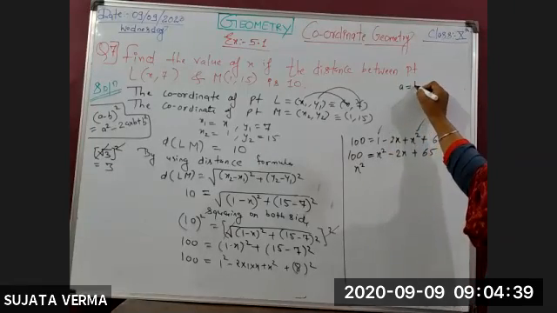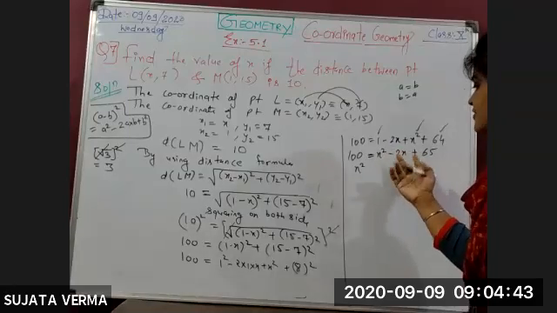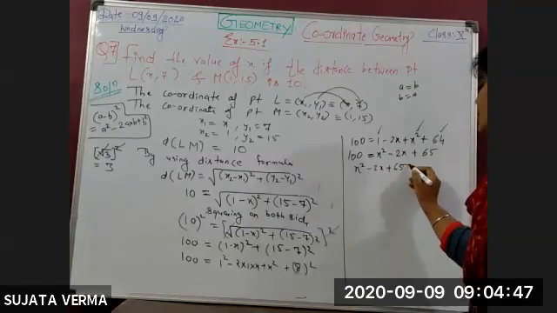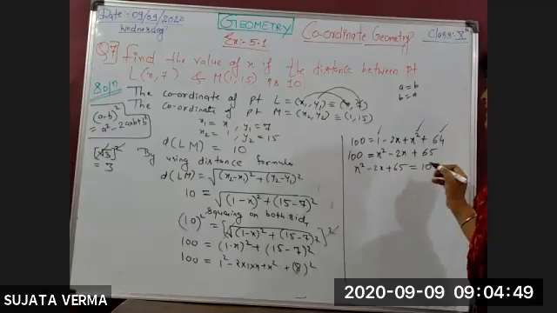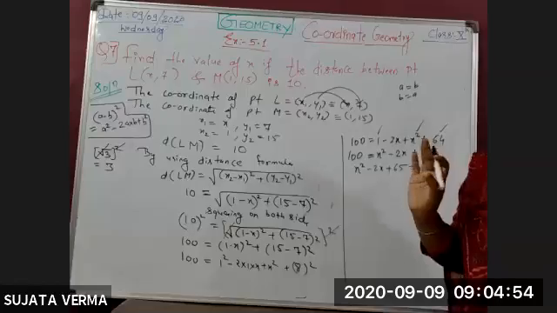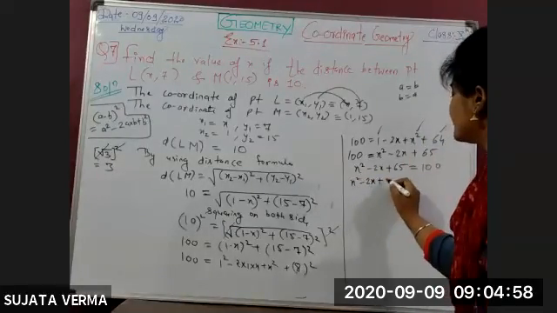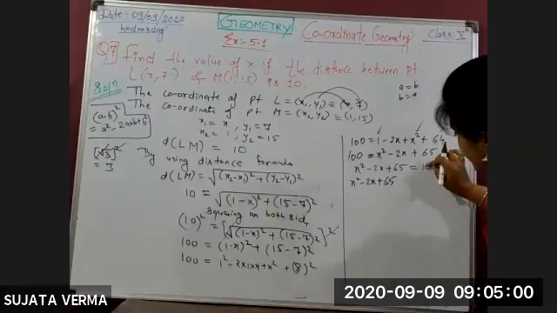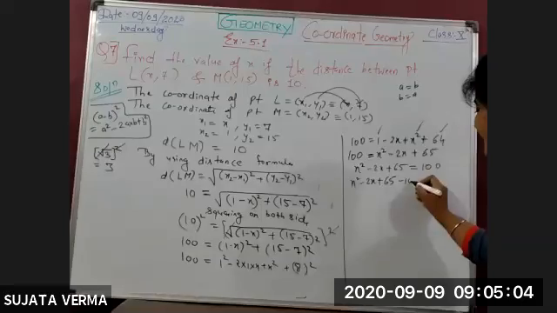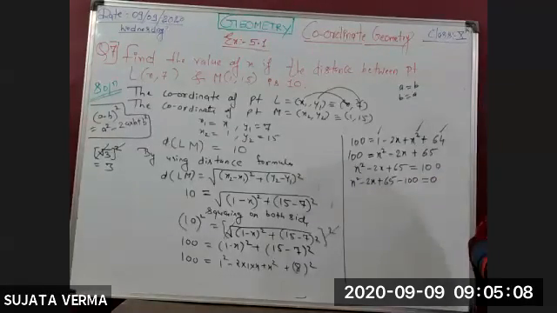Now x square, both terms are equal. Here a is equal to b, so we can write b is equal to a. We write this term first. x square minus 2x plus 65 is equal to 100. No problem. Now x square minus 2x plus 65, when we take the RHS on the left hand side, we get minus 100 equal to 0.